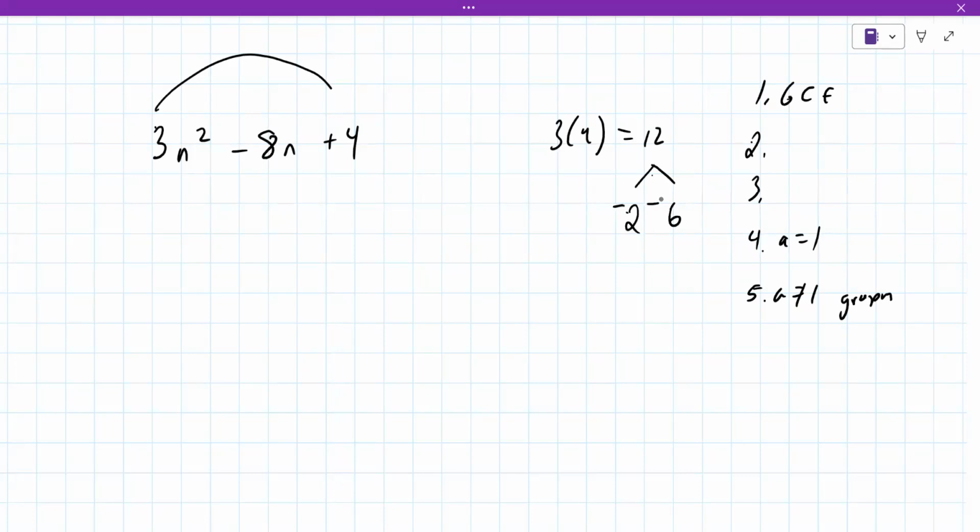Yes. All right, so I'm going to help out. We're going to pair it as minus 6n minus 2n plus 4. The 6 pairs better with the 3 than the 2. So now you're going to factor the GCF out of the first two.